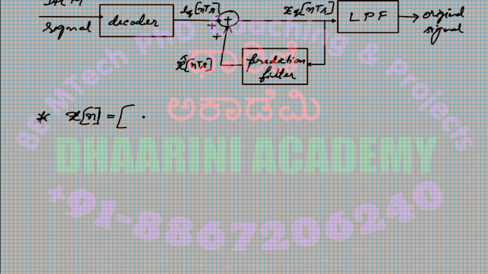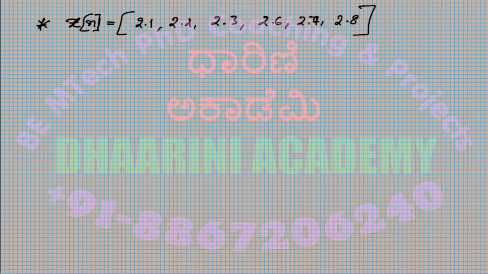Sample values are like this, say 2.1, 2.2, 2.3, no, I'll write 2.6, 2.7, 2.8. This is the given sequence. I want you to convert this into the DPCM signal, and then convert back from the DPCM signal to the original samples. Just pass this sample through the low pass filter, and you get your original signal back.